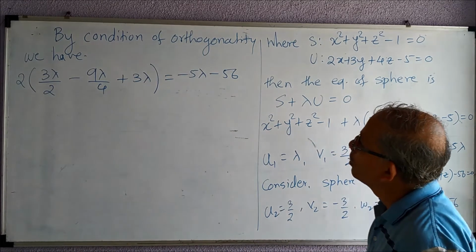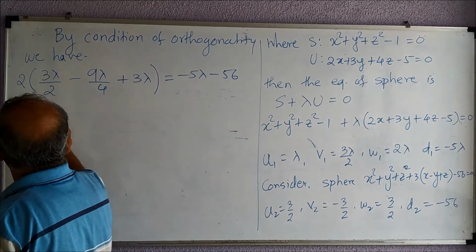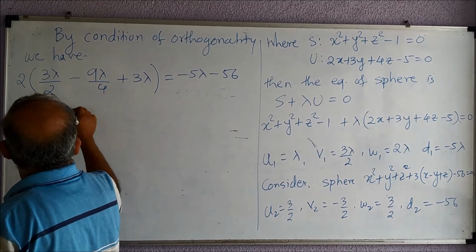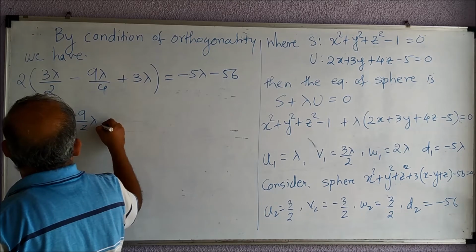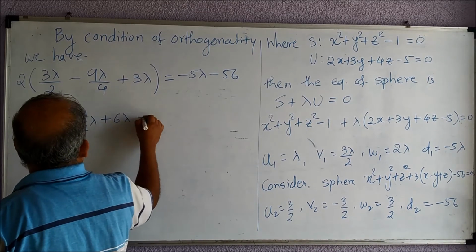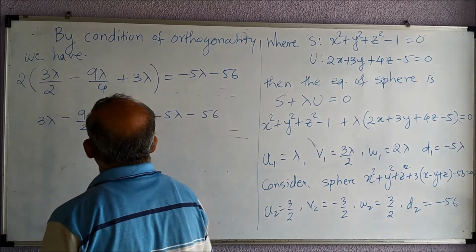Let's simplify this and we'll get the value of lambda. I'll multiply with 2 now. So it is 3 lambda minus 9 by 2 lambda plus 6 lambda is equal to minus 5 lambda minus 56.